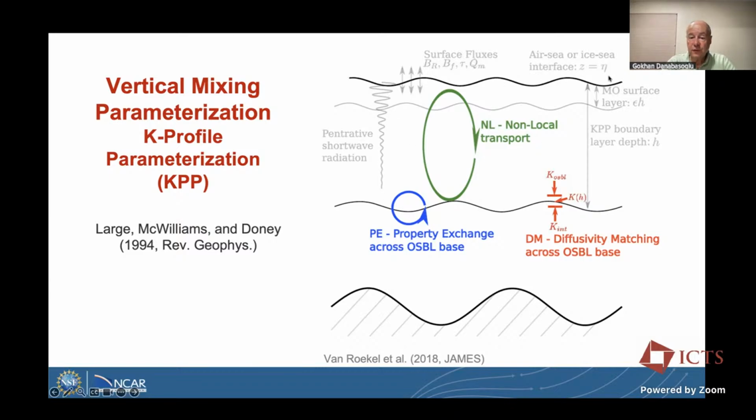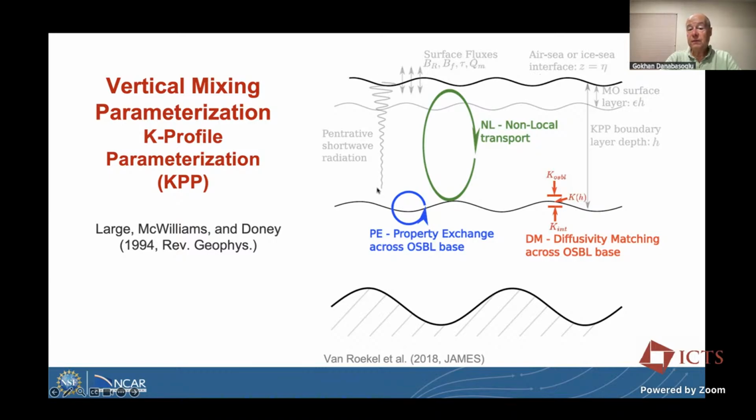So this is schematically showing what we are dealing with here. This is the ocean surface. This thin line here is showing the ocean boundary layer depth. So we are interested in representing the vertical mixing that's happening within the surface boundary layer. This will of course be impacted by surface buoyancy fluxes. We have a variable free surface.